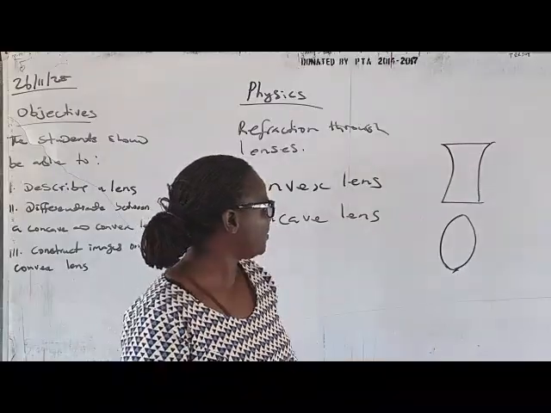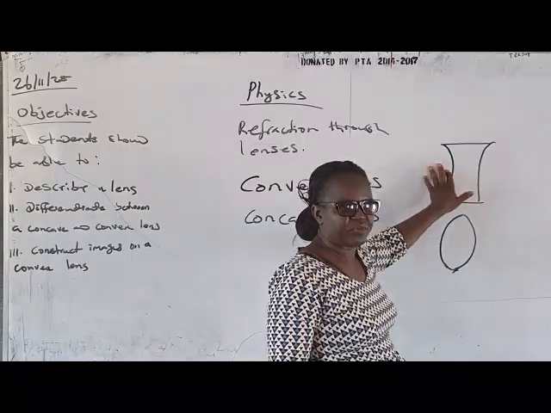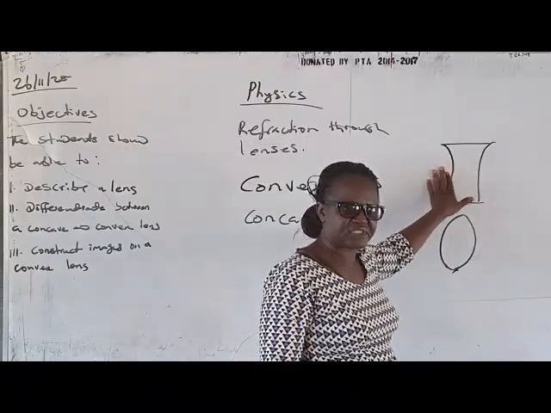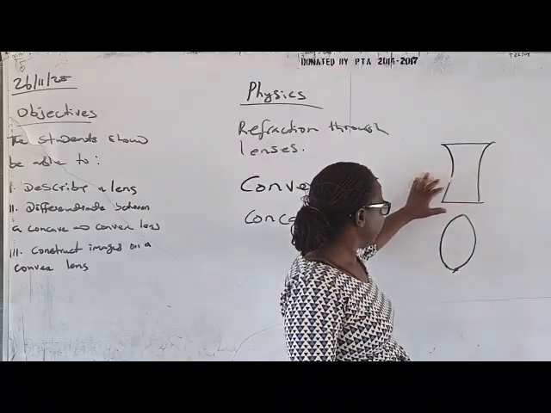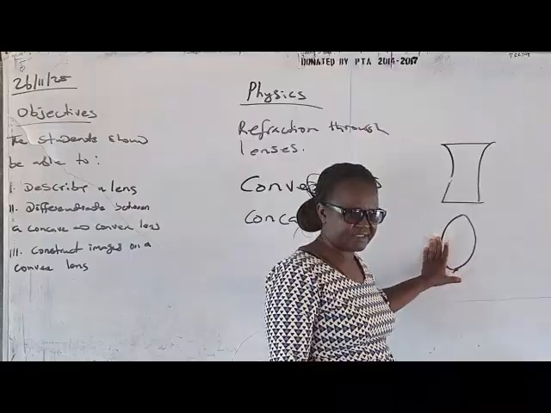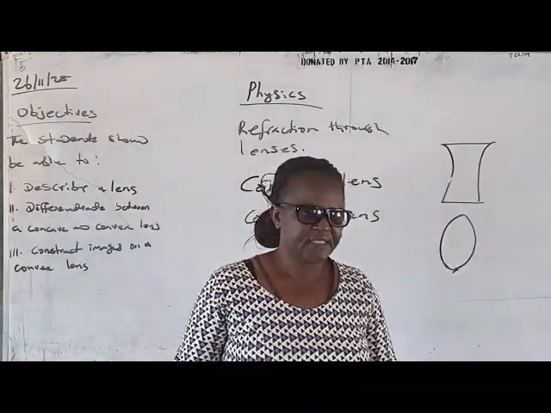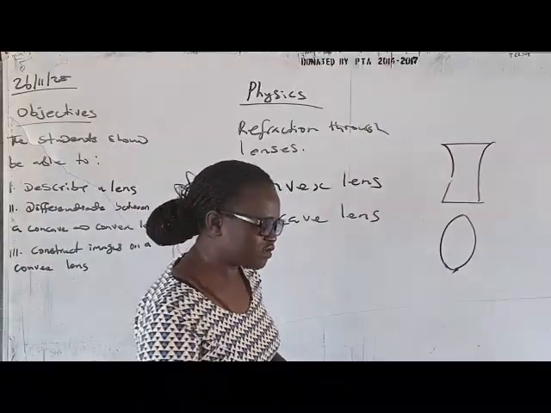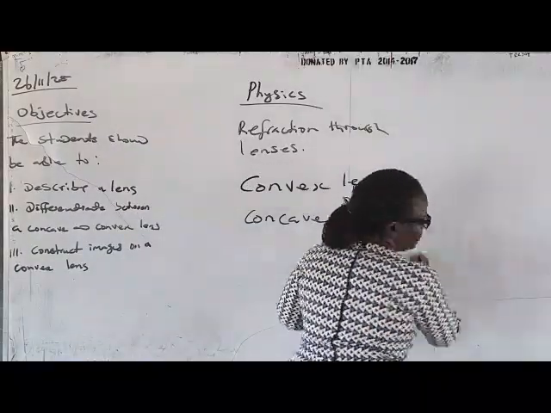In this instance, when you have a concave lens, wherever you put the object, you will get the same position of the image. So we are going to be looking at the characteristics of the images formed by the concave lens. But before then, what are the parameters of the lens? The different parts of the lens. Let us look at those parameters. It will help us to be able to construct those images.